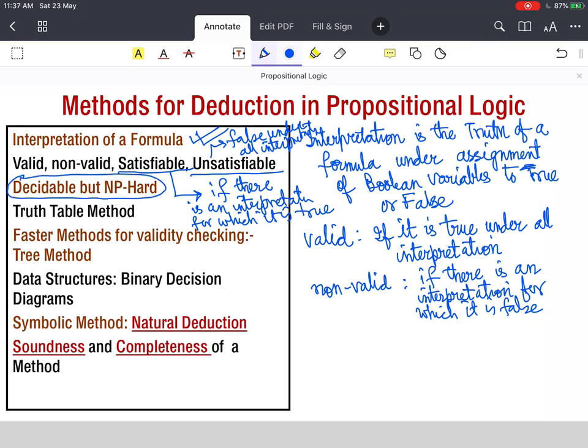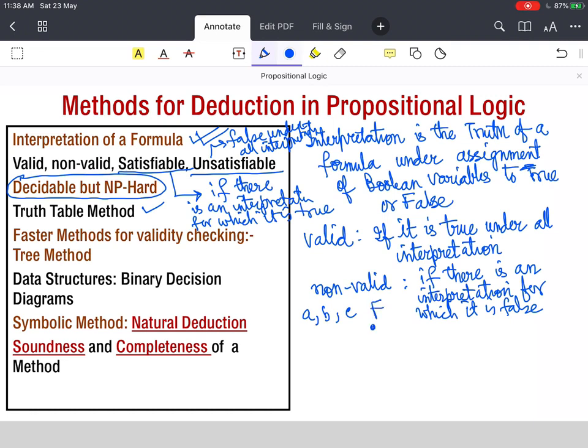So based on these, we also know that given a Boolean formula, because it is finite, it is decidable. That means we can know, but it is an NP-complete problem, which means that till now we do not have a fast polynomial time algorithm for it. We have seen how to do it by the truth table method. There are other ways to do it.